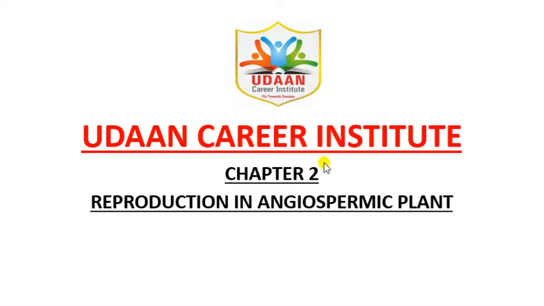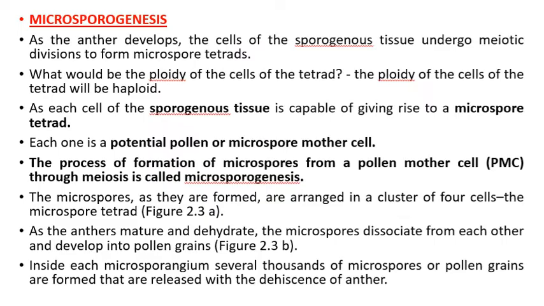In today's class, we will continue with Chapter 2, Class 12 Biology, that is Reproduction in Angiospermic Plants. As you know, in the last class we completed microsporogenesis, that is the formation of microspores from pollen mother cells.